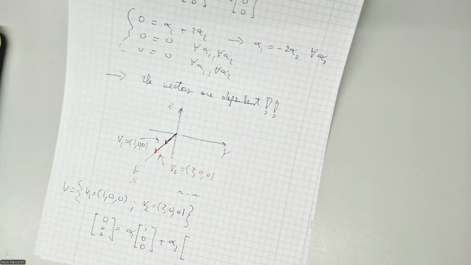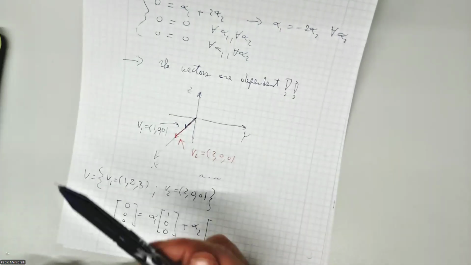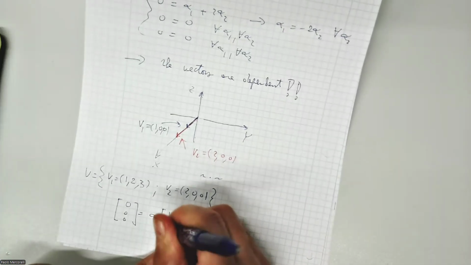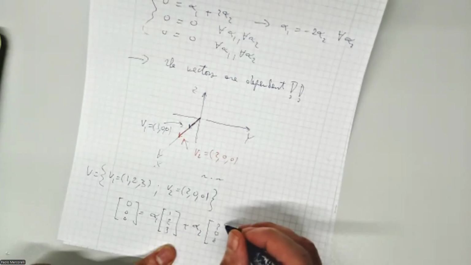Let me see. This is correct. It's 1, 2, 3. Excuse me for the error. Again, they must be independent. This is the same. 2, 0, 0.